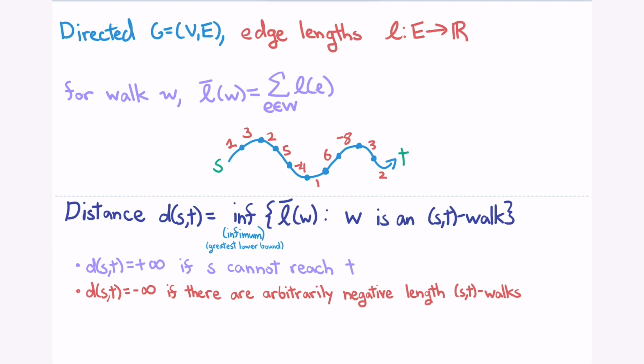It really means the greatest lower bound. If there is no walk from S to T, that would be an empty set, so infinity is actually smaller than any number in the set of attainable values. In some cases, the distances can be arbitrarily small: for any finite length, I can find a walk that's even shorter in terms of sums of edges. If it's arbitrarily negative, we'll call that negative infinity. So it's really smallest, with some care around infinite values.